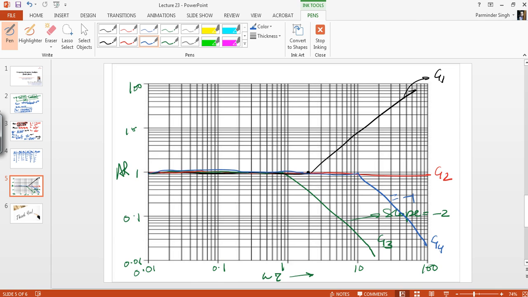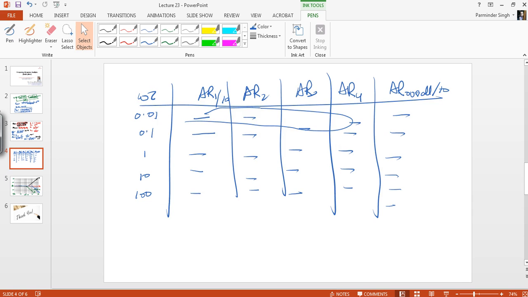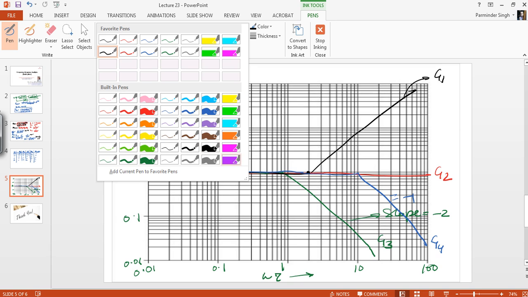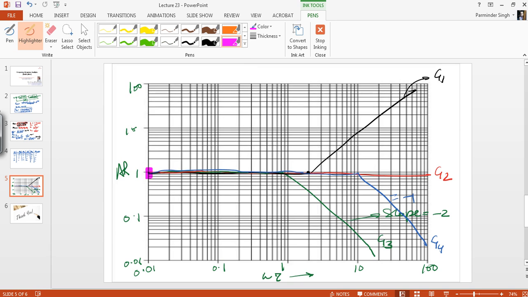Once you plot the overall, from this table corresponding to these values, you have these values. So you point it out somewhere here. Let me use some different color. Okay, I'll use this one. Somewhere here I have one value, somewhere here another value, and another value, and then you can join these.